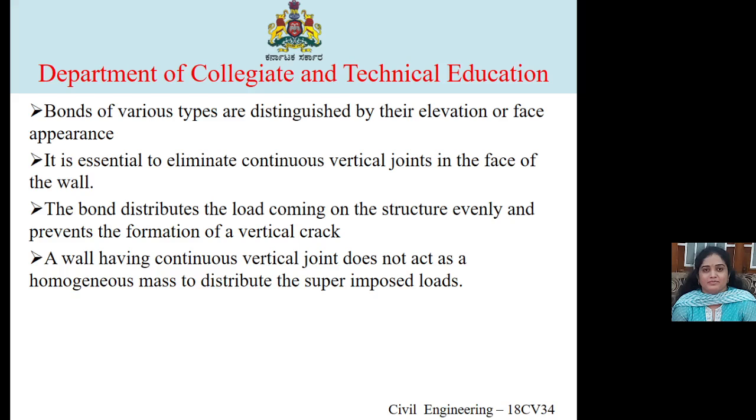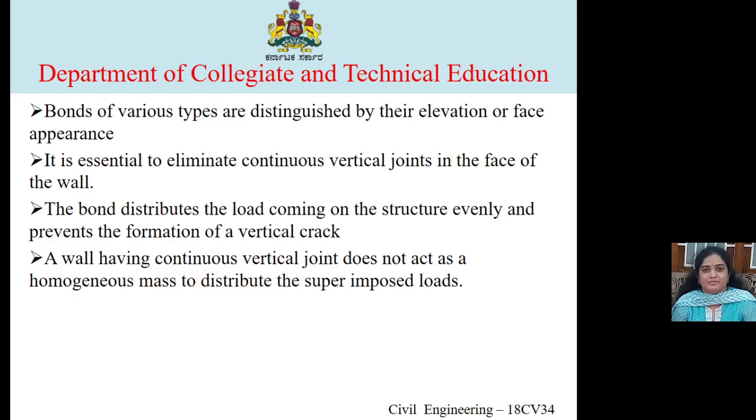It is essential to eliminate continuous vertical joints in the face of the wall. The bonds distribute the load coming on the structure evenly and prevent the formation of vertical cracks. Walls having continuous vertical joints do not act as a homogeneous mass to distribute the superimposed load. So that's why continuous vertical joints should be avoided.